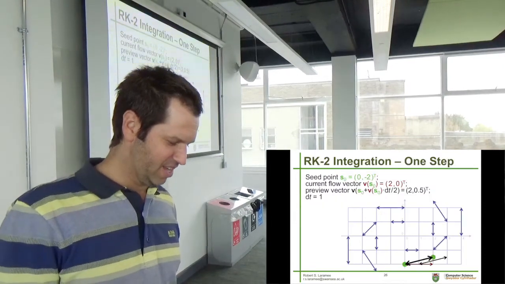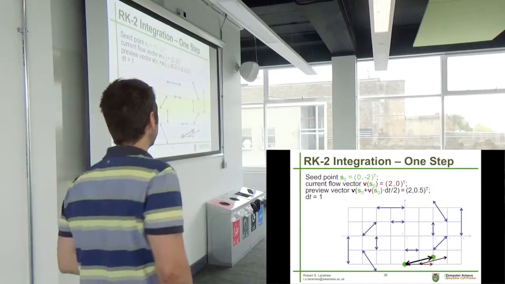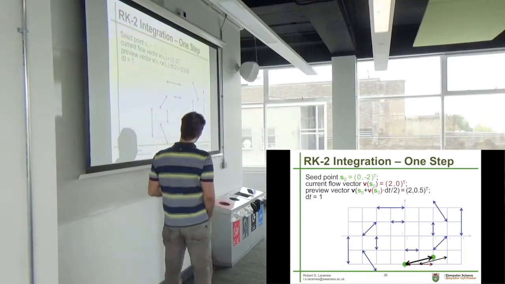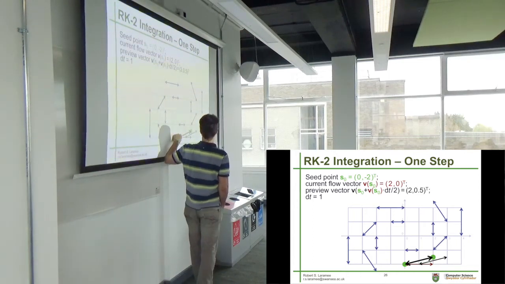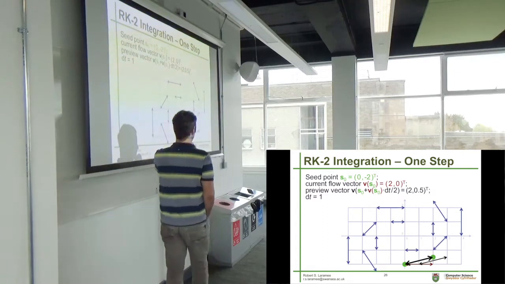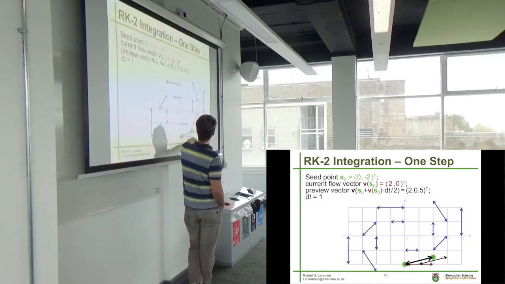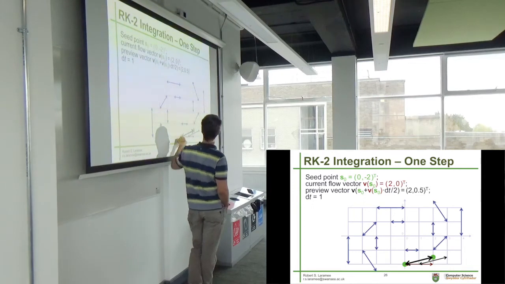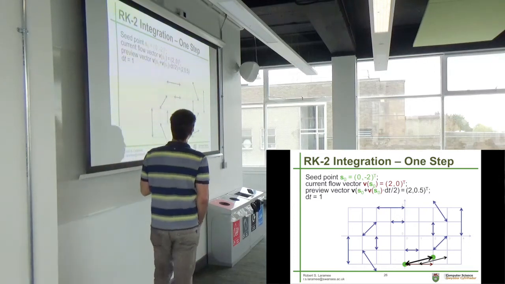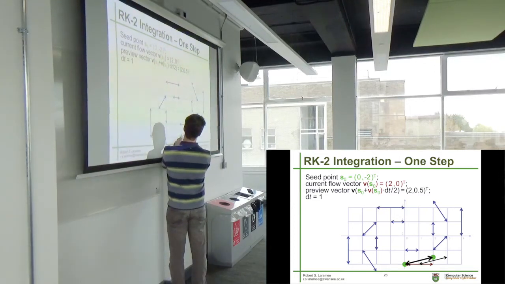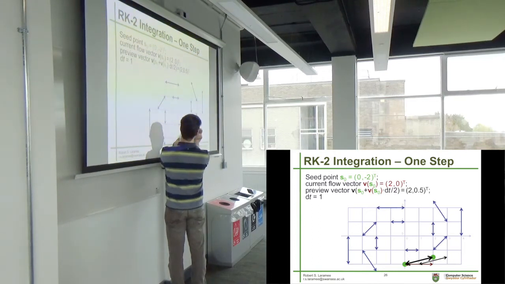And that's what this is, an illustration of that idea. Remember, this is the same analytical vector field. With the Euler integrator, we just look at the velocity here and multiply by the velocity, and we get our next point. So our Euler integrator would predict the next point along this edge. The Runge-Kutta integrator says, okay, let's use this vector, but let's also use the preview vector, which is halfway along.